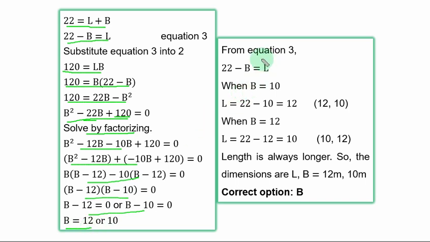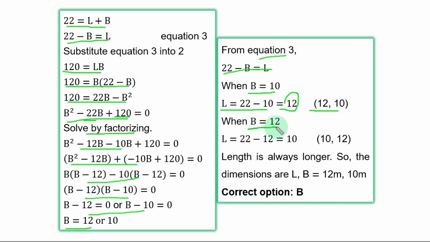Back to equation 3 so that you can get the length. This is equation 3. When the breadth is equal to 10, the length is 22 minus 10, that is 12. You have the first set of results. The length is 12, the breadth is 10.